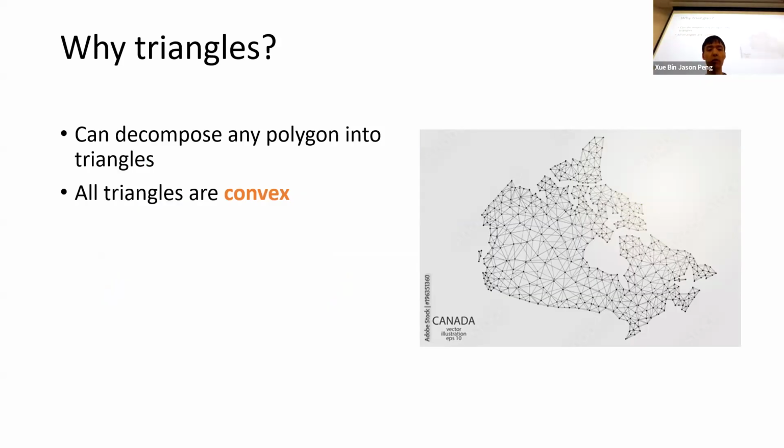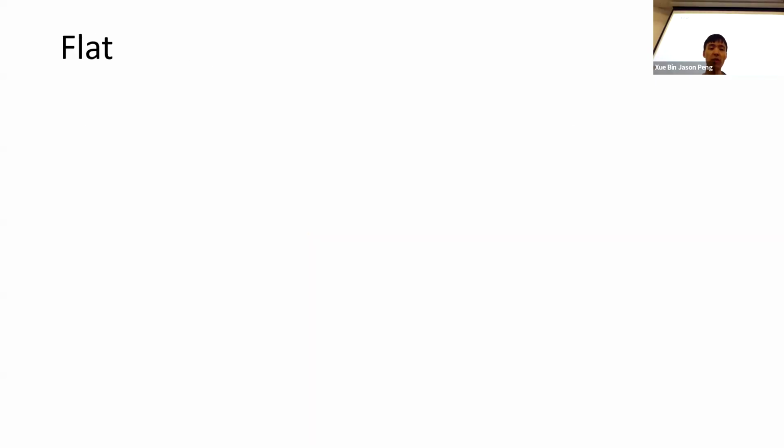Another really nice characteristic of triangles is that they're also guaranteed to be flat in 3D space. So let's take a look at what we mean when we say a shape is flat. In the case of a triangle, I can take any three vertices I want. These vertices can have positions anywhere in 3D space.